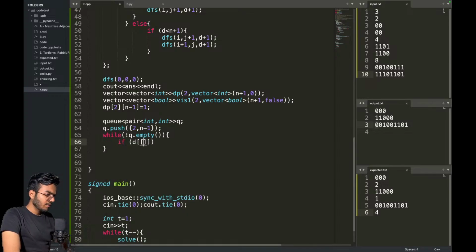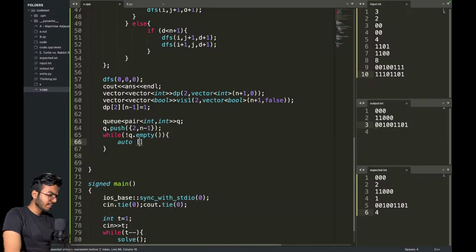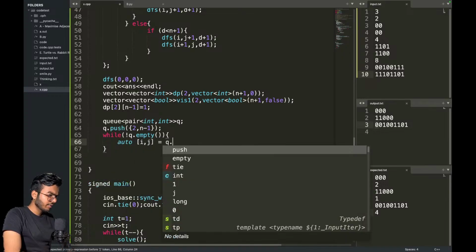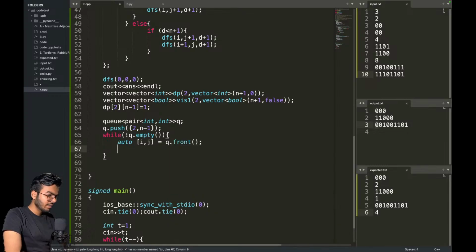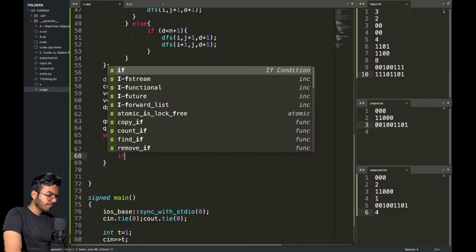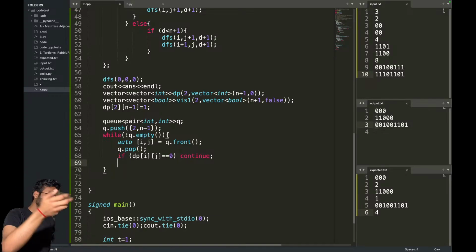Obviously, if dp of... let's take the first two integers. Let's say auto i comma j is equal to q dot top. It should be q dot front, and let's say q dot pop. If dp of i j equals 0, then I should say continue, because there is no point in doing that.